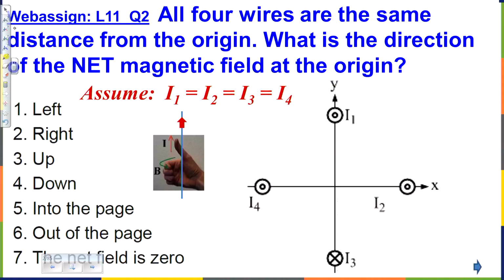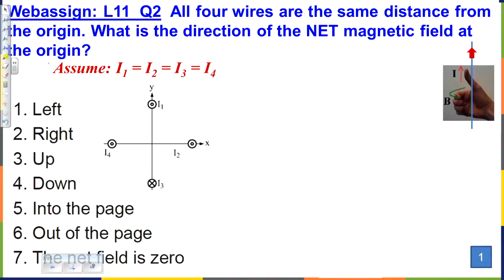For that, I can switch back to my computer, hoping it's going to work. So it is a good experience, a good practice to do it one by one. So we start from wire number 1. Wire number 1 is here.